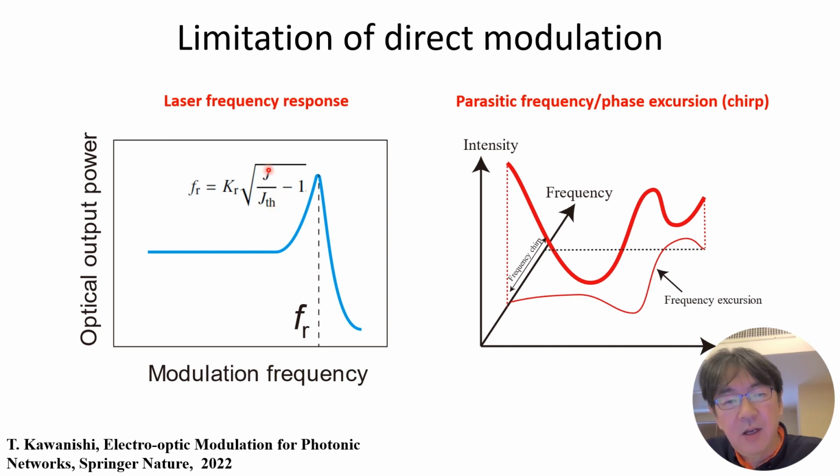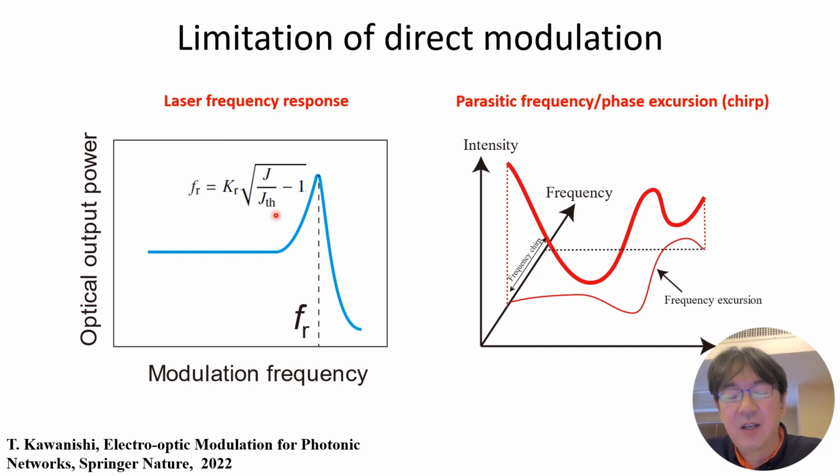If we can increase the current, we can increase the highest modulation frequency. But of course, there is some limitation. We cannot put a large current in the laser diode.